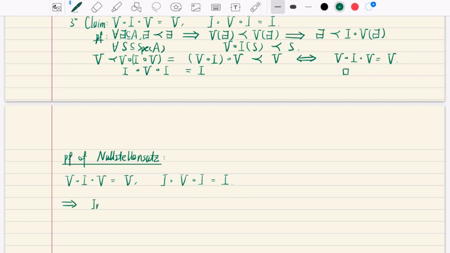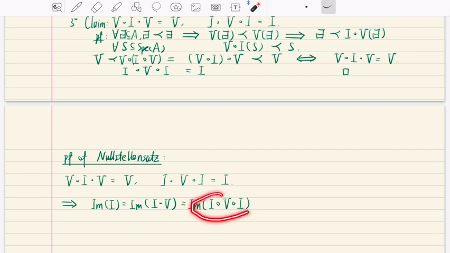This statement implies the image of I is just the image of I composed with V, because it equals the image of IVI. You can see this identity because the image of I must contain the image of the composition IV, and must contain the composition IVI.